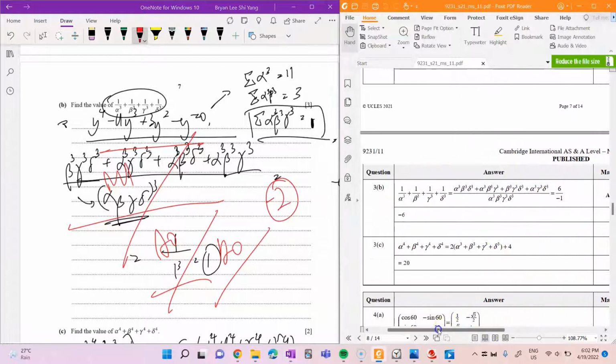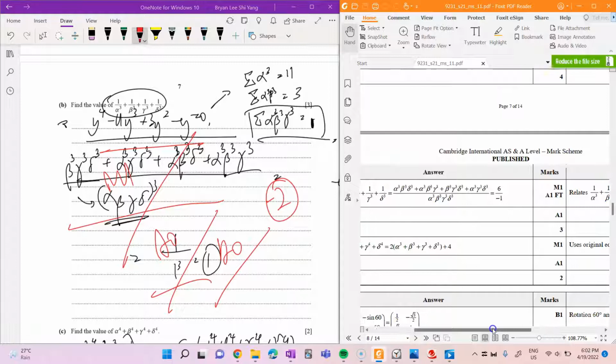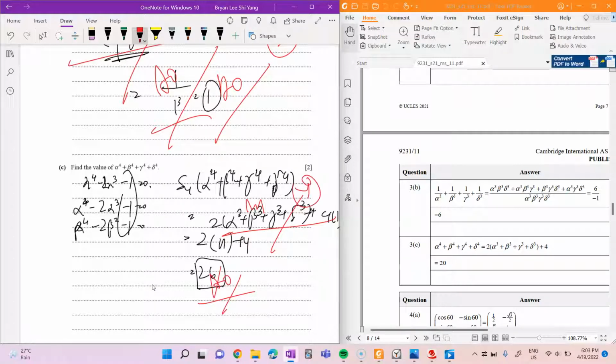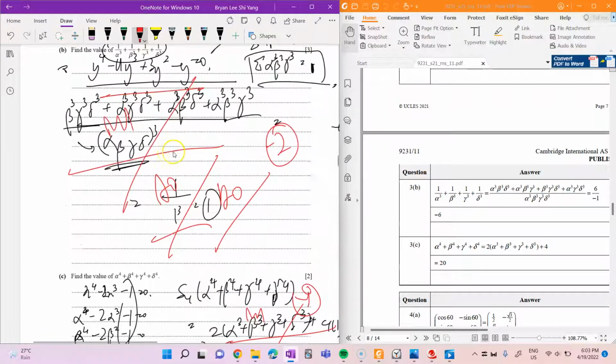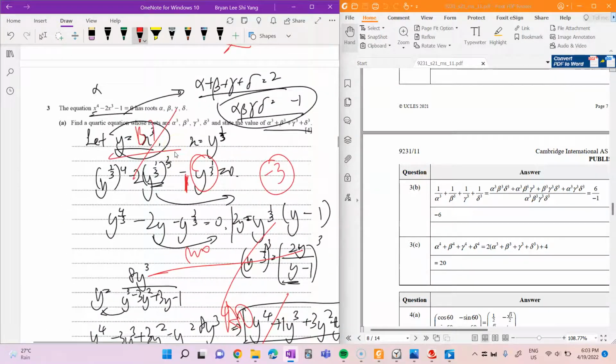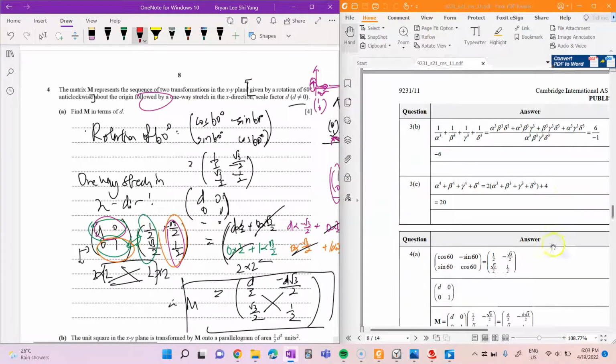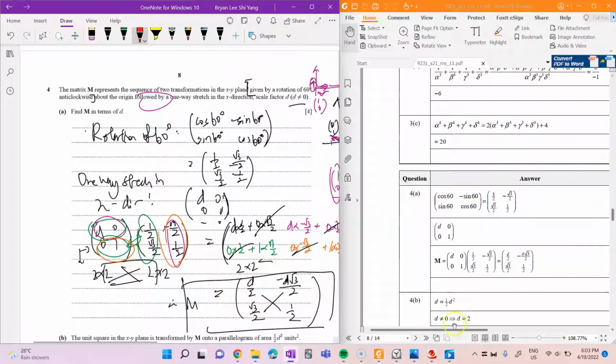And then for this one, I did have the method mark because I did do it correctly. This is M1 over here, but then A0, so -1 mark. So as you can see, if you do one part wrong, you will subsequently get a lot of parts wrong. So this is already like 6 marks down the drain. Very unfortunate, but I have to accept it.